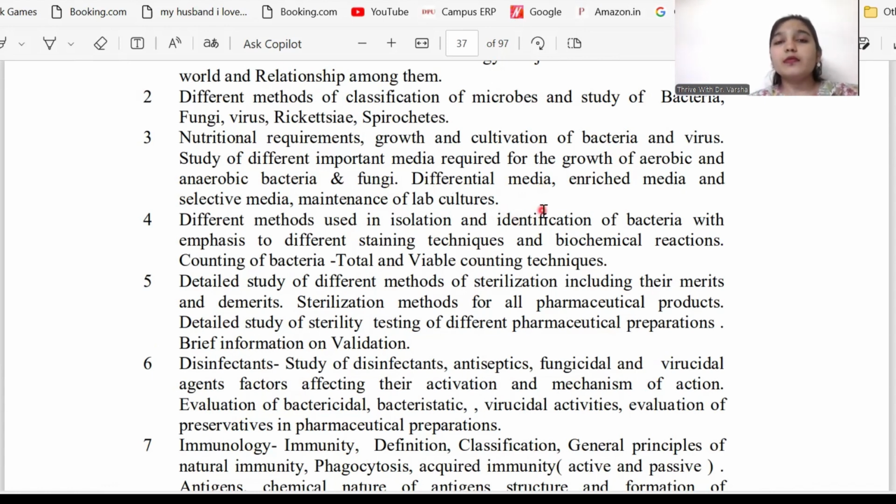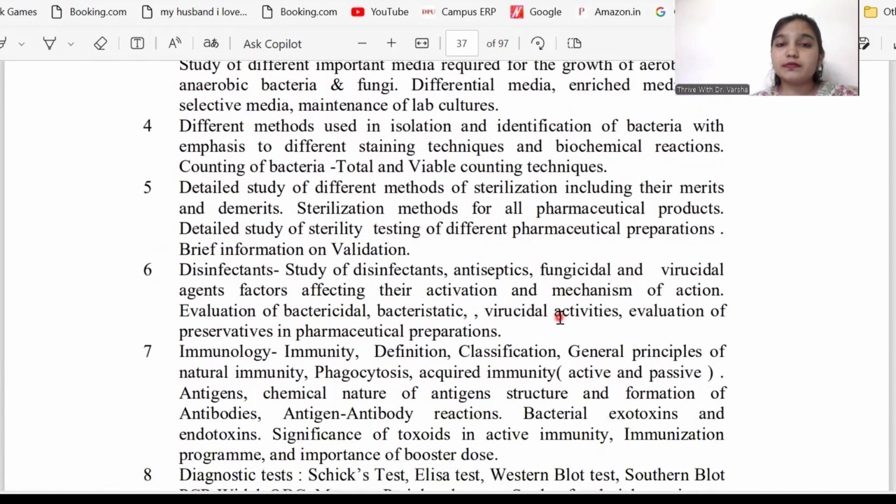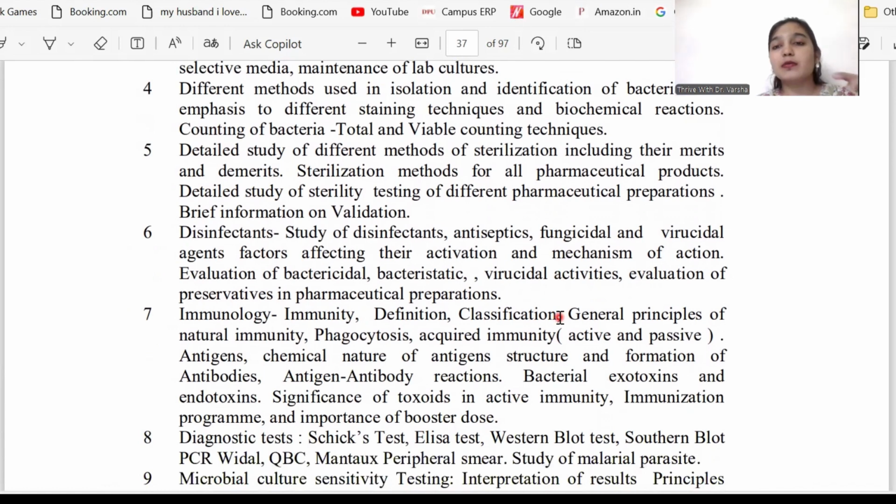Now this will all be asked for 5 to 10 marks, not 2 marks. You can't expect anything for 2 marks because it's a heavy chapter. That's why 5 to 10 marks. Again, the fourth and fifth chapters will be for 5 to 10 marks. You can expect 5 to 10 marks, and they can ask you some definitions and types to explain for 2 marks.